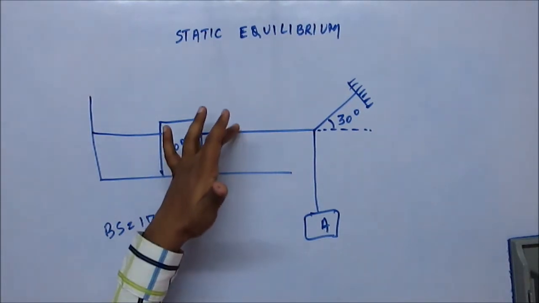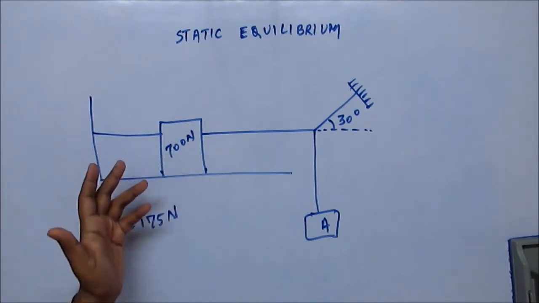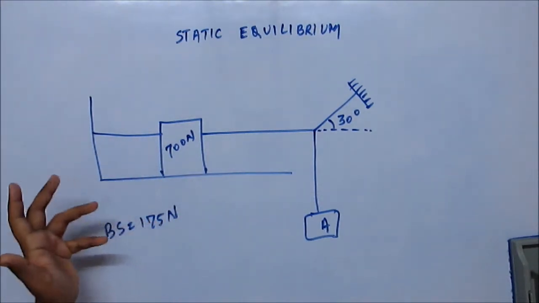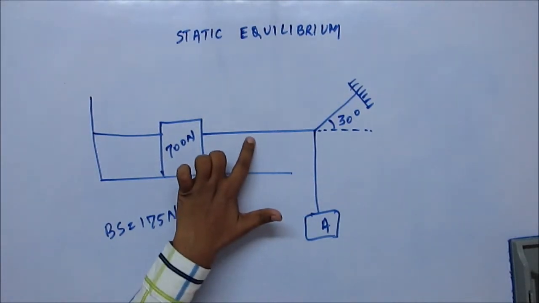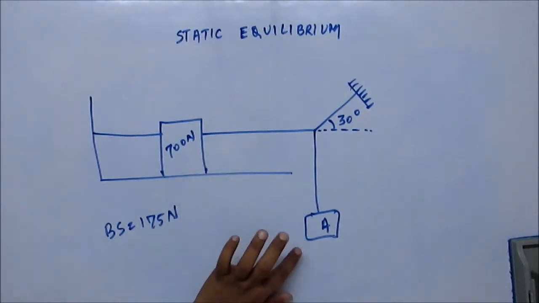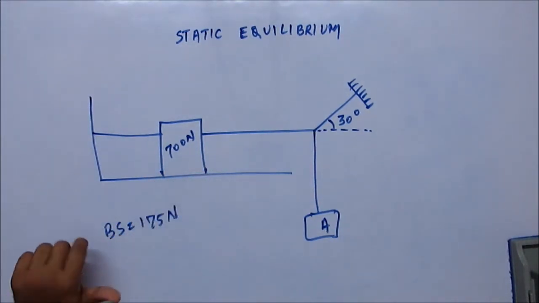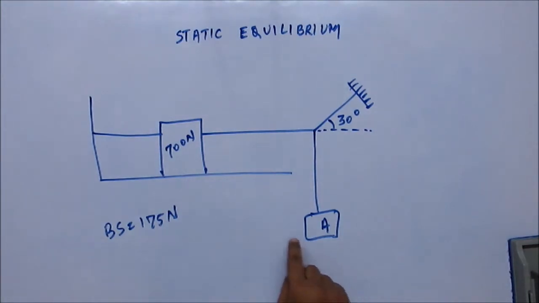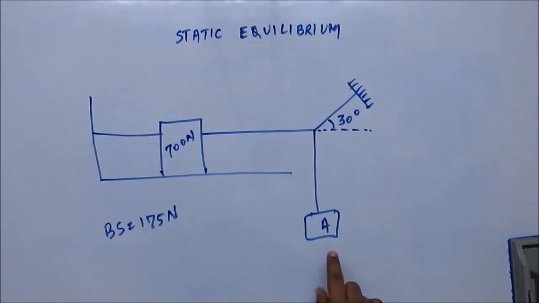Similarly, if the tension goes more than 175 Newton in this string, the string will break. So from the static equilibrium condition, you have to find the maximum mass at which the tension just becomes 175 Newton, so that if you increase the mass a little bit, the tension goes above the breaking strength and it will break. In that limiting condition, when the tension is just equal to 175 Newton, that is the maximum mass you can hang from here.